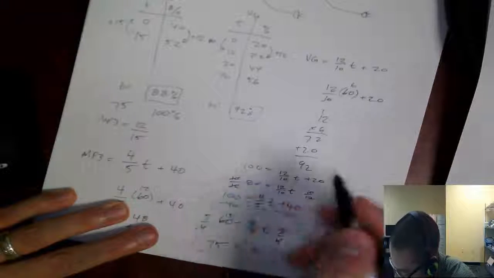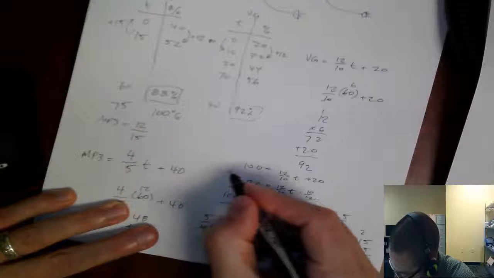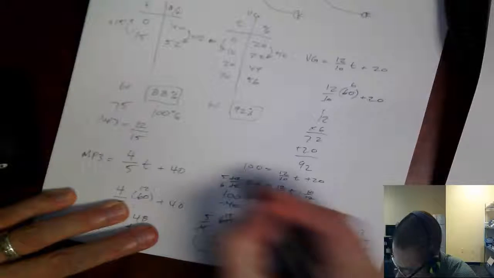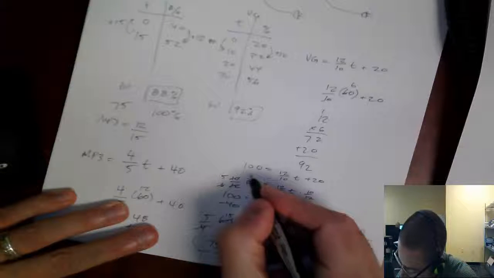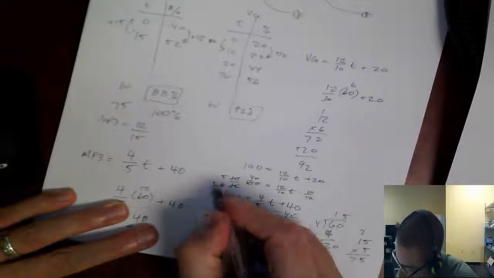Okay, so does 12 go into 80? Well, I could divide both of those by 2, so this is 6 and 5. And then I could divide both of these by 2, so I get 40 and 3.